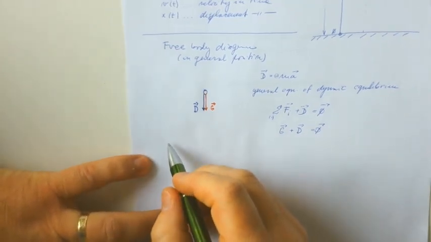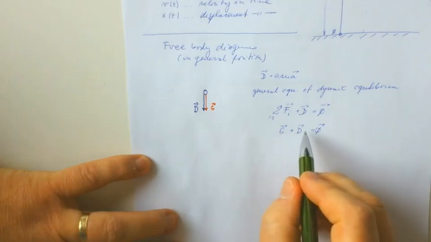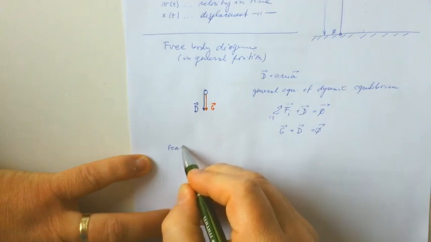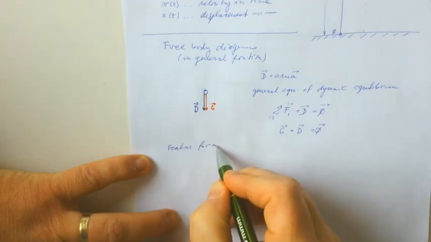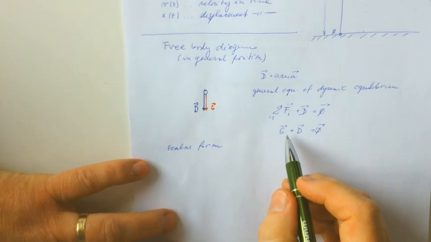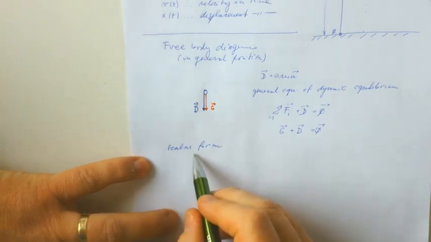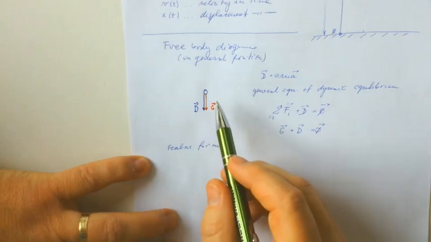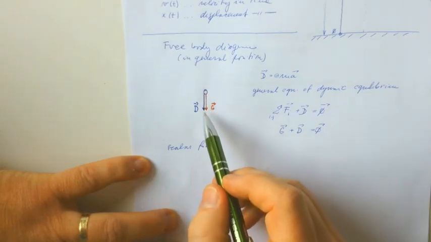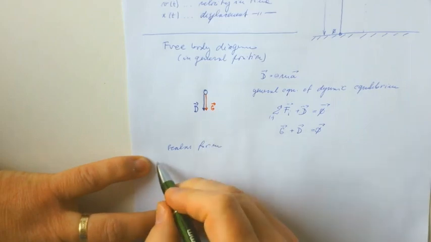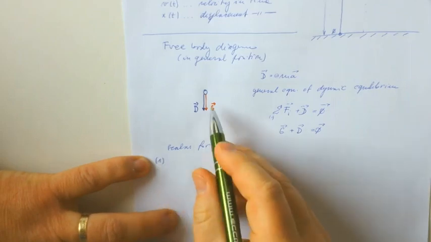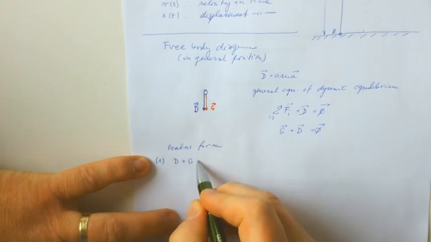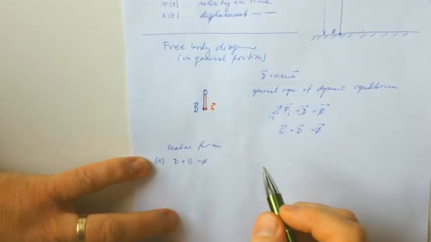After that, we can split this vector equation into scalar form, and we get as many scalar equations as we have dimensions. And as I said, this is a one-dimensional case, so we get only one scalar equation, where we can write D plus G is equal to 0.